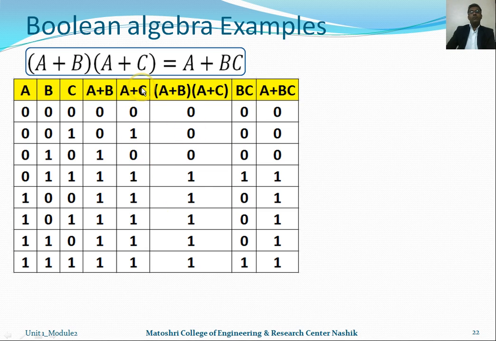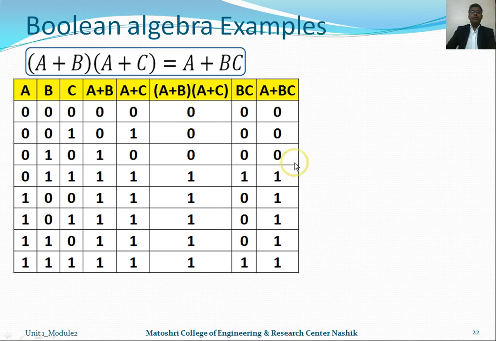Then we AND the columns 4 and 5, A or B ANDed with A or C, which gives the left hand side of this expression. Now for the right hand side, B is ANDed with C, which gives column 6, and in the last column we OR it with A. These columns indicate the left hand side and the right hand side.